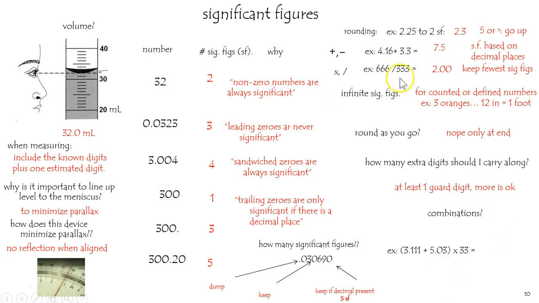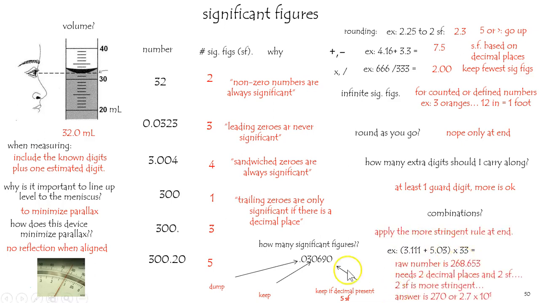Here's a good example. Taking a number and in parentheses, this should be what we do first. You add those together. The precision will require us to keep 2 decimal places, agreed, because we're adding. We then take that number and with as much precision as we can, we multiply it by 33 and we get a raw number, which is 268.653. Now, let's see what that would be using 2 decimal places.